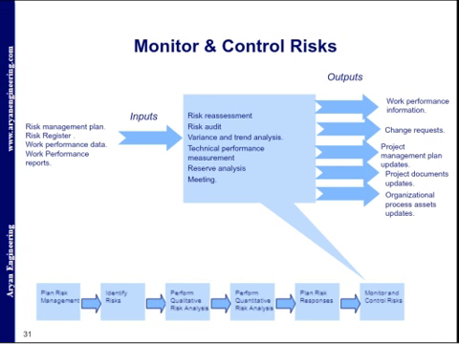Here again, the inputs are the risk management plan, risk register, work performance data, and work performance reports. These are the tools and techniques, and our outputs are work performance information, change requests, project management plan updates, project document updates, and organizational process assets updates.